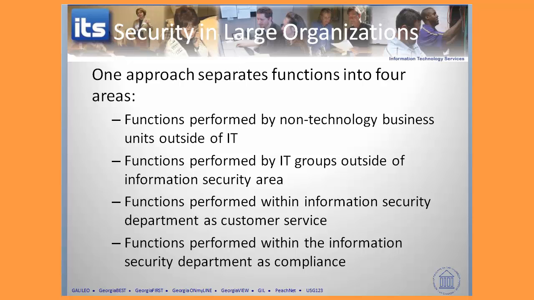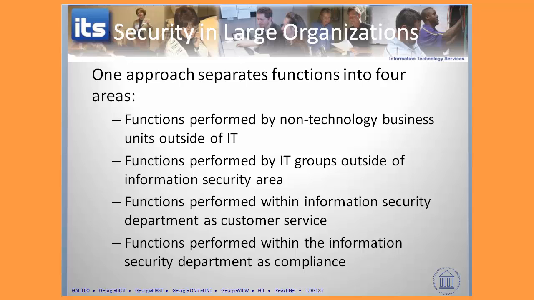So one approach, you kind of split it into 4 different lanes, if you will, or 4 different areas. One is those functions related to security that are performed by non-technology business units outside of IT. Those functions performed by IT groups outside of information security. Those functions performed within information security as customer service, and then those functions that are performed within information security as a part of compliance.